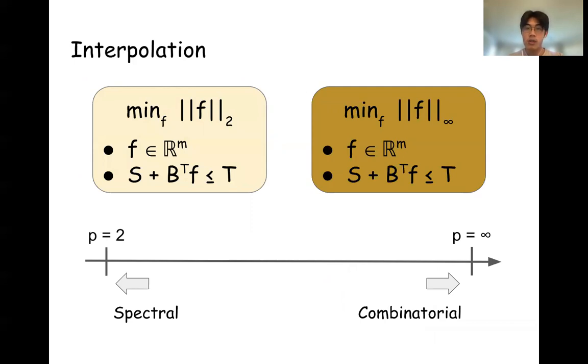So when taking p equals 2, they show that both theoretically and empirically, the solution to the two-norm flow diffusion is similar to the ones using spectral diffusion processes, such as random walks, PageRank, etc. And when solving the p equals infinity flow diffusion, the resulting solution has similar theoretical guarantees and empirical performance as those combinatorial diffusions.